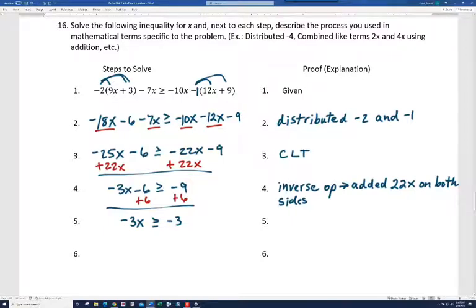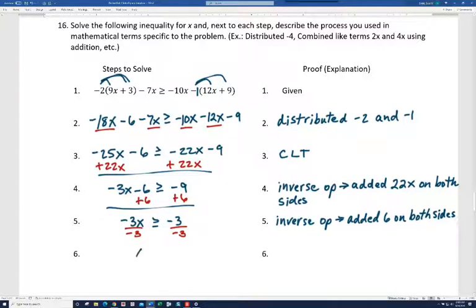And how did we do that? Again, we did the inverse operation thing. We added 6 on both sides. All right, so now we're almost there. 1 step to go. How am I going to get rid of the negative 3? Well, it's times x, so we'll do the opposite and divide by negative 3, or the inverse of multiplying by negative 3.